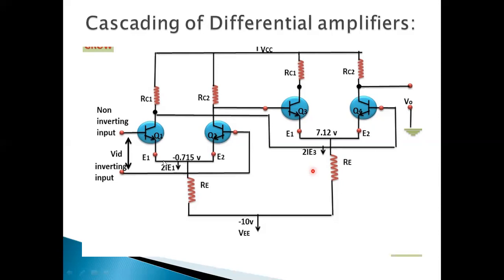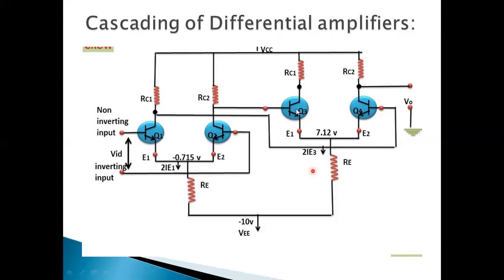Next, the output of the first stage is given to the second stage input directly, because here we are not using any DC blocking elements or coupling elements. This type of coupling is known as direct coupling. Because of this coupling, the DC content generated in the first stage is directly passed to the second stage, which leads to distortion at the output, and that will be compensated by the level shifter as already discussed earlier.